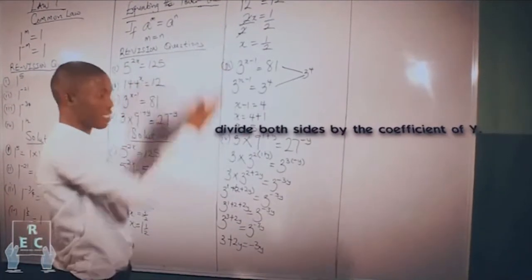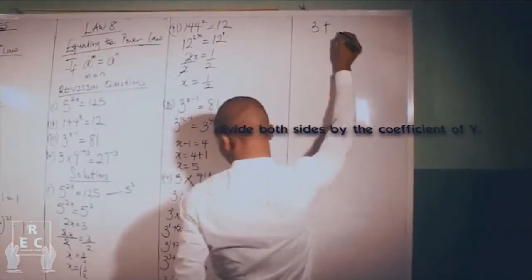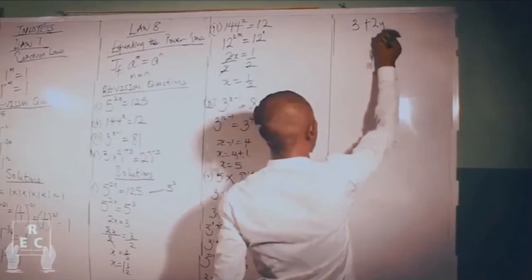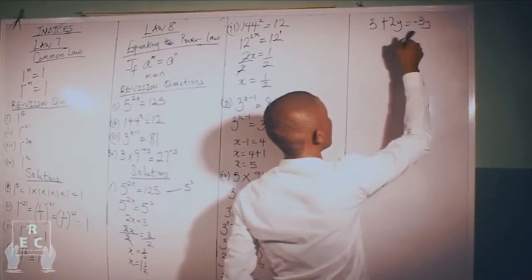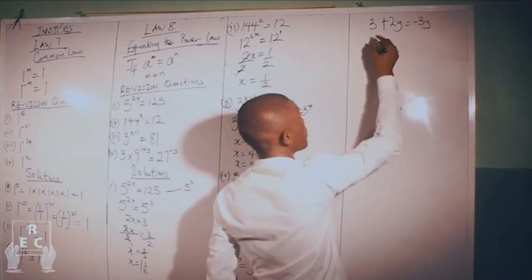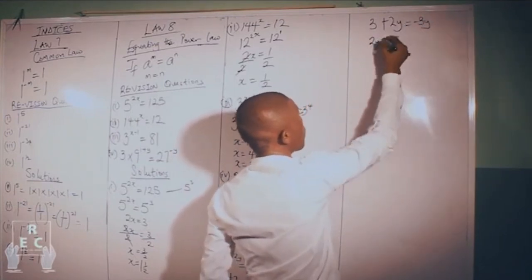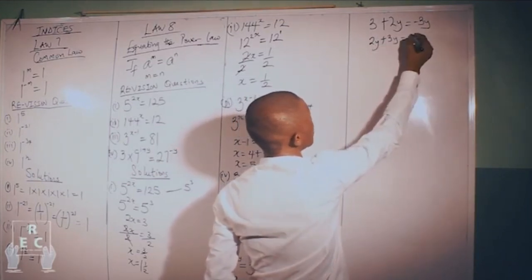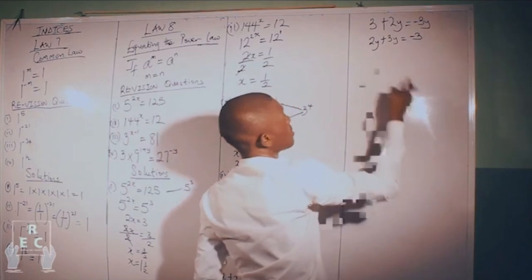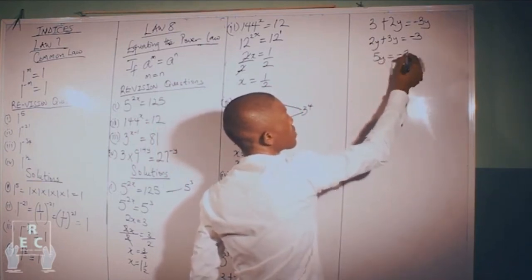I repeat, 3 plus 2y equals minus 3y. So collect like terms. Let this come here and let this go here. So this 2y comes here to become positive, 3y equals minus 3. Did you get that? 2y plus 3y, that's 5y equals minus 3.